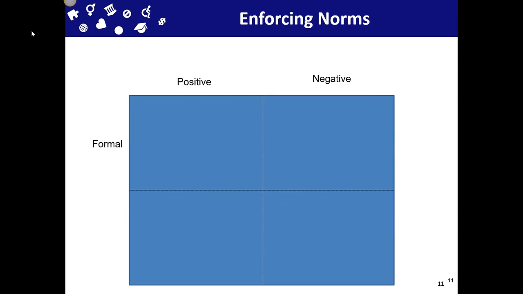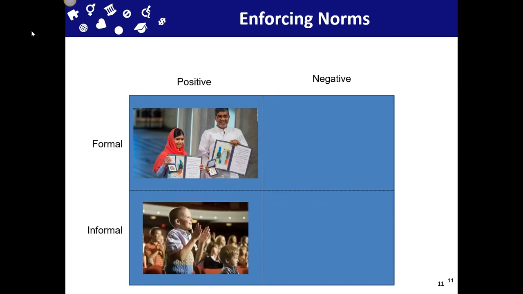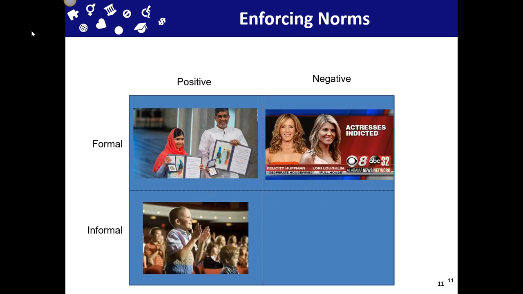Now, sanctions can be either positive or negative, as well as formal and informal. So, for example, a formal positive sanction might be receiving a Nobel Peace Prize, whereas a positive informal sanction might be getting a round of applause after a performance. A negative formal sanction might be being indicted, right?